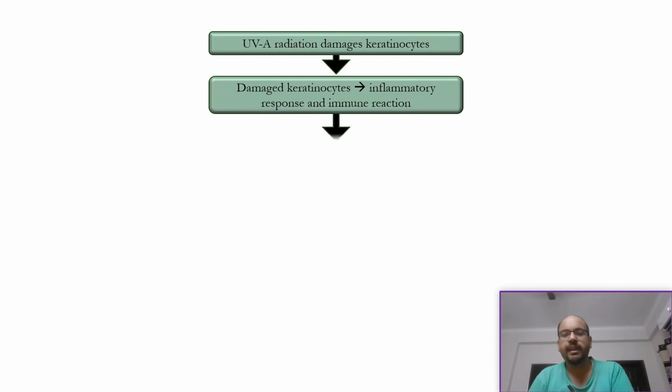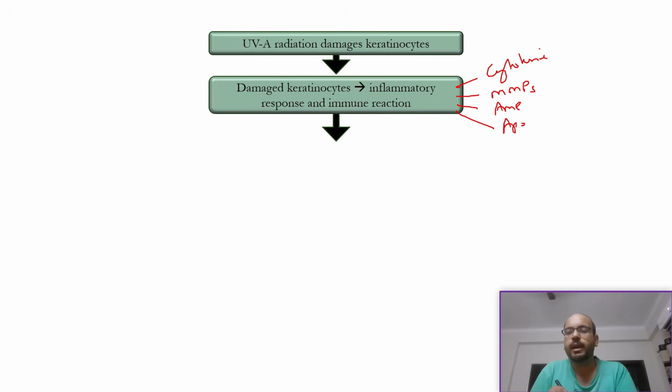In short, UVA radiation damages keratinocytes. These damaged keratinocytes start the inflammatory response by releasing all sorts of cytokines, by also damaging the matrix proteins and activating matrix metalloproteinases, and by releasing a bit of antimicrobial peptides as a reaction to inflammatory damage from UV radiation, and undergoing apoptosis.